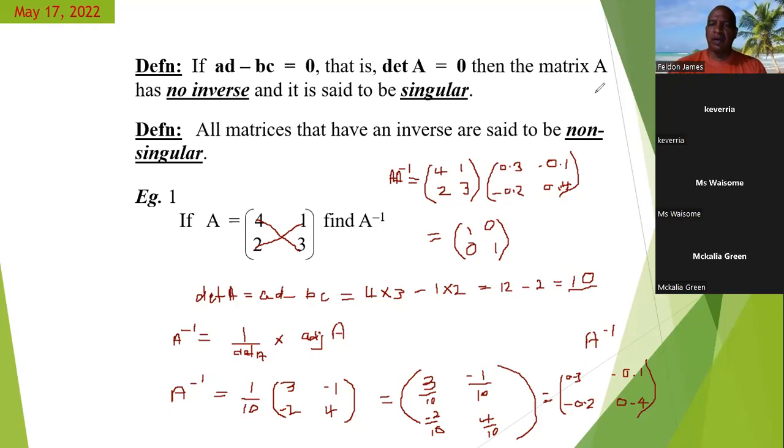So you know that if you multiply the matrix by this matrix, 1, 0, 0, 1, you'll get back the same matrix that you multiply by. We call it the unit matrix or the identity matrix. It's the same one.